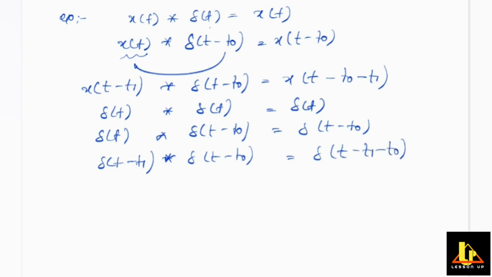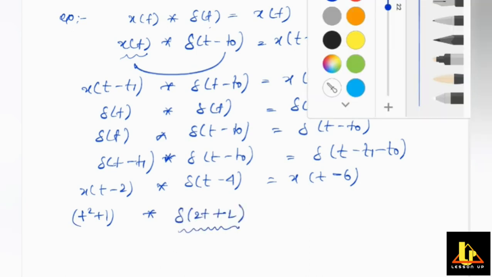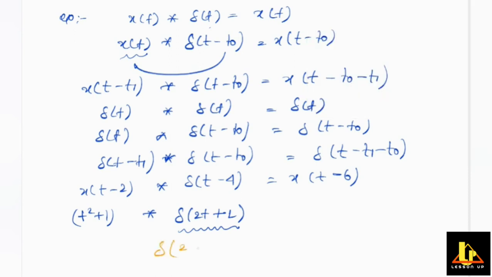If delta t minus t1 convolves with delta t minus t naught, you will get delta t minus t1 minus t naught. If x of t minus 2 convolves with delta t minus 4, you will get x of t minus 6, since minus 2 minus 4 is minus 6. If t square plus 1 convolves with delta 2t plus 1, if you take 2 as common, then this will be t plus 1 by 2, and we all know delta at is equal to 1 by a into delta t, right?